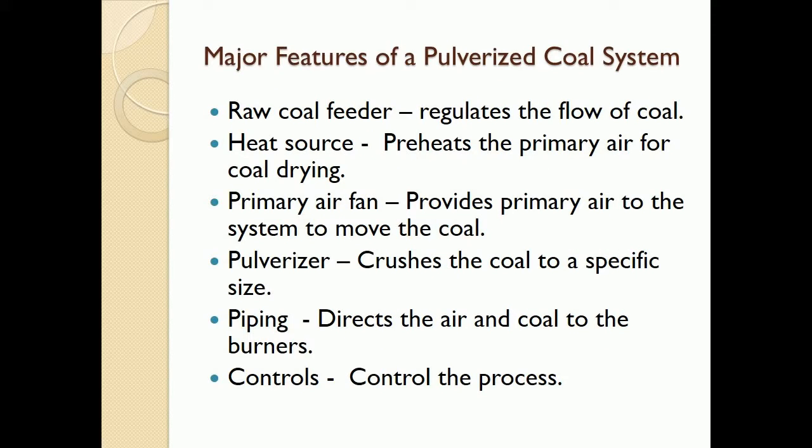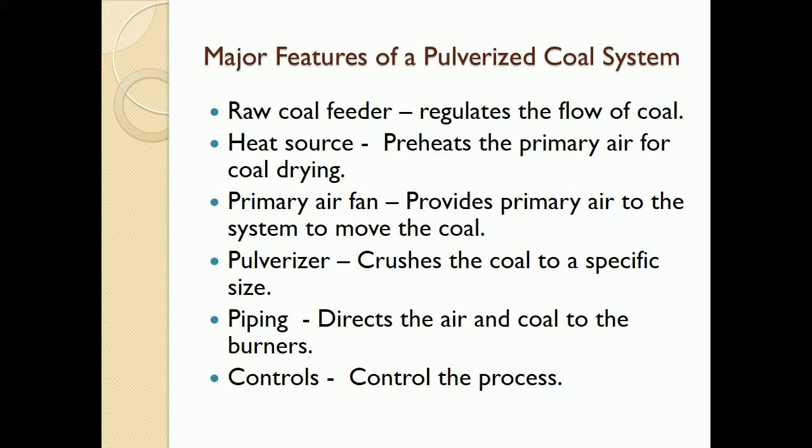What are the major features of a pulverized coal system? 1. The raw coal feeder takes the coal from the bunker and regulates the flow of coal into the pulverizer. 2. The air heater provides preheat to the primary air for coal drying. 3.